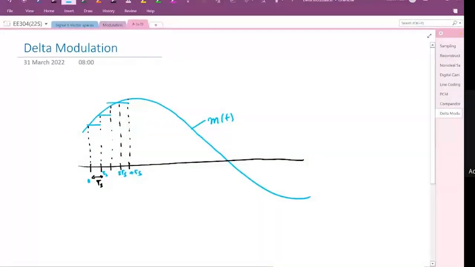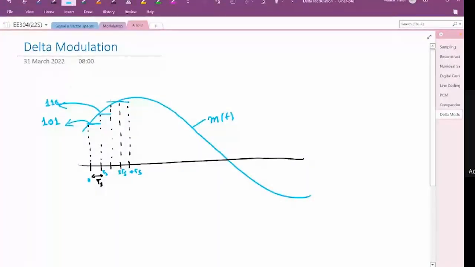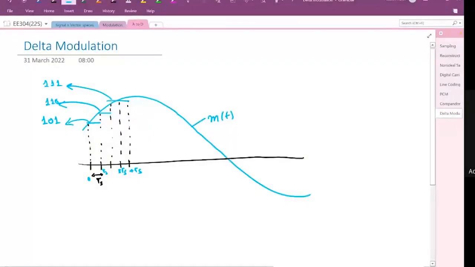At 0 or at TS, you approximate it to this level, and then we encode this level to be 101, or let this be 110, and this one be 111. Likewise, each level tells us about the complete amplitude of that sample in the duration.